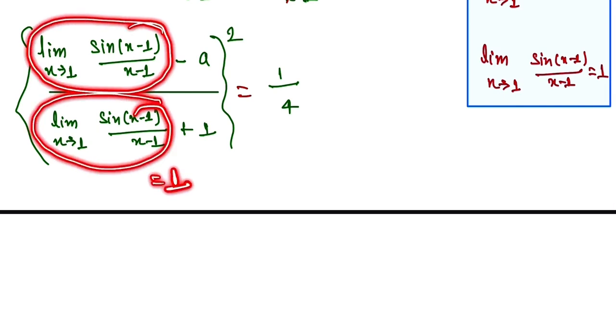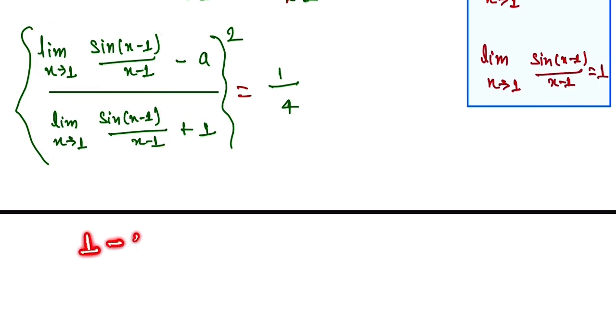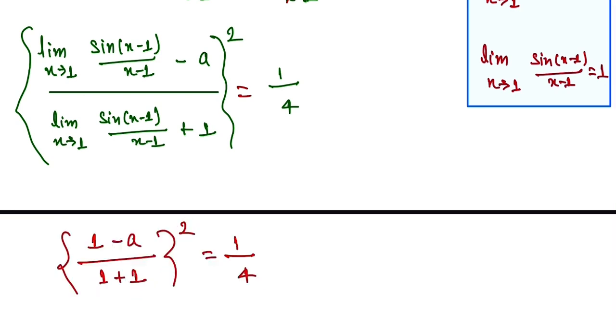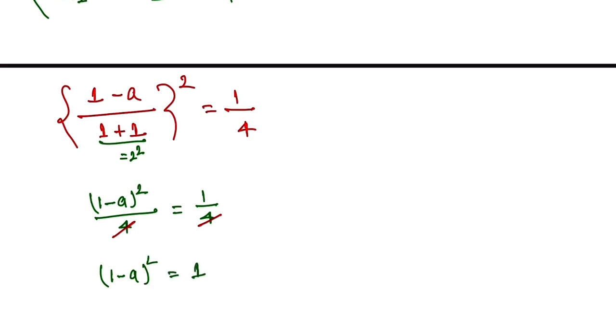So we put that here: (1 minus a) by (1 plus 1), the whole square, is equal to 1 by 4. So (1 minus a) the whole square by 4 is equal to 1 by 4. The 4 and 4 cancel out, so (1 minus a) the whole square is equal to 1.